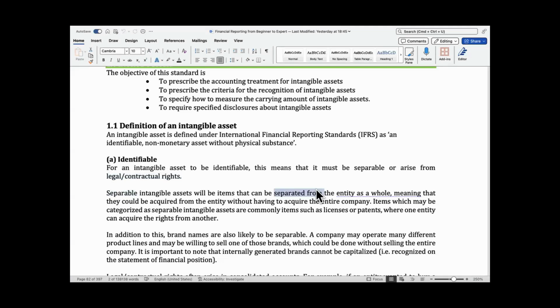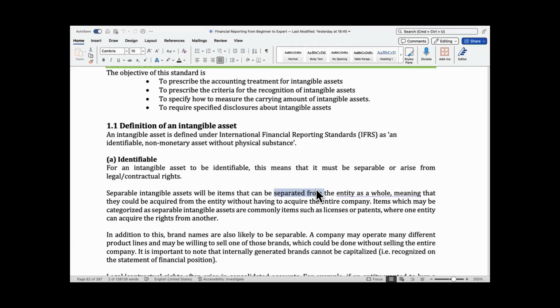which means that we can transfer, we can sell, we can rent out that intangible asset without having to sell or acquire the entire entity. So it's separable.